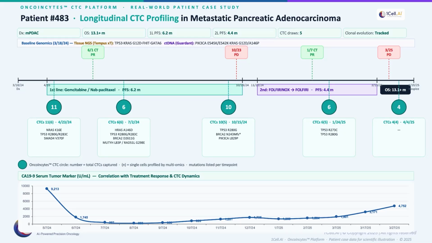And then with more time, the BRCA is retained and the P53 is retained, but a PIK3CA alteration emerges. And so I think this is really important for understanding what's happening in the patient and how is resistance emerging and how should we mold our therapies to this evolution that is occurring in an individual patient.